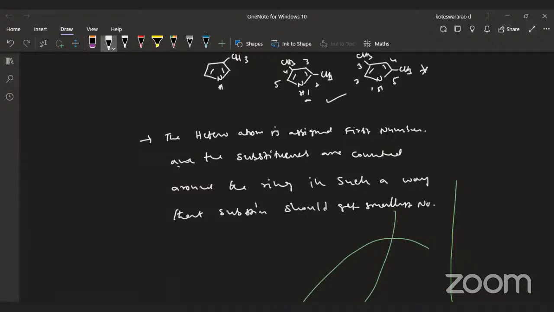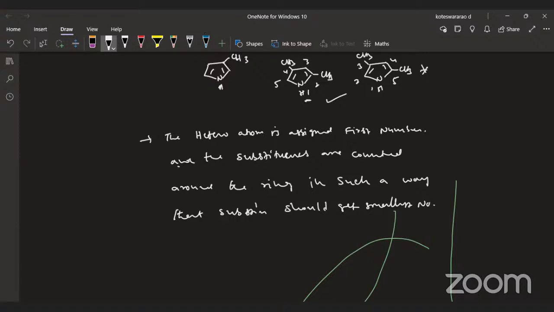If more than one substituent is present, suppose two or three substituents are attached, in such a case you should follow alphabetical order. You need to assign the numbering in such a way that the first alphabet gets the smallest number.